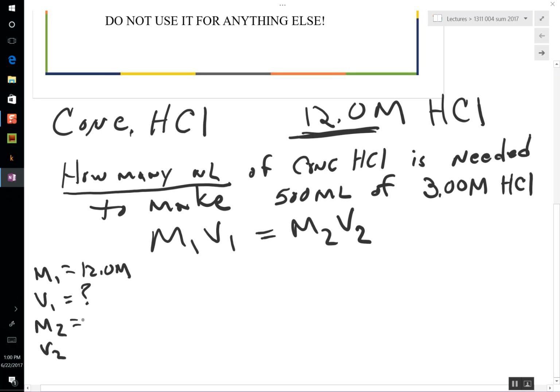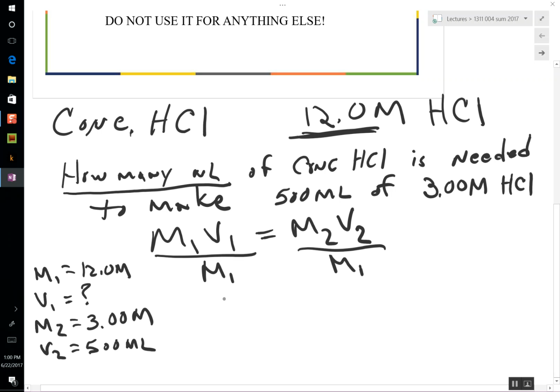What is M2? And what's V2? All right, if V1 is what I want to know, I'm going to divide by M1, so V1 equals M2 V2 divided by M1.